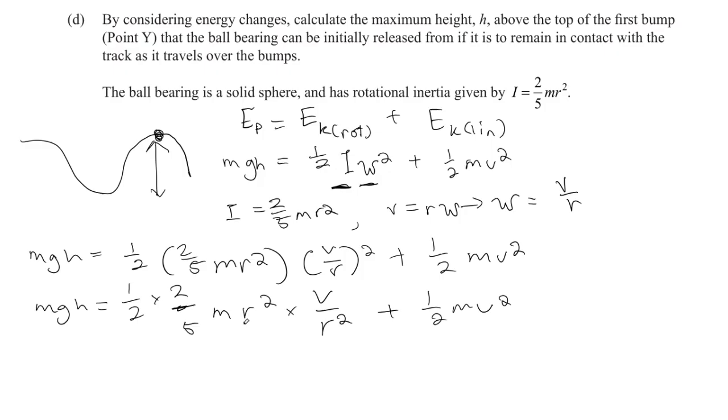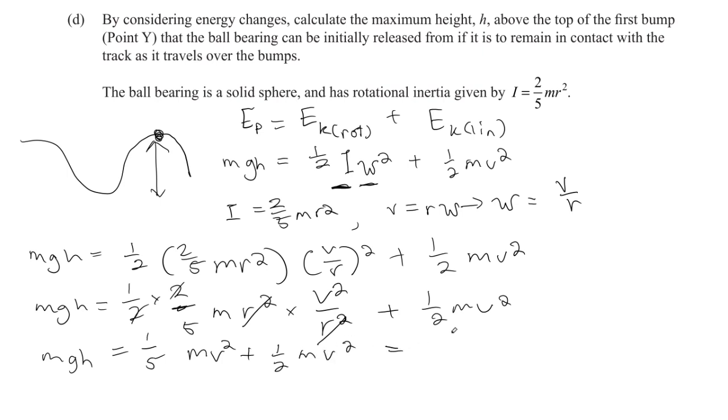And now what we can do is we can cancel this radius squared, and we can cancel these 2's to get 1 over 5 mgh equals 1 over 5 mv squared plus half of mv squared.